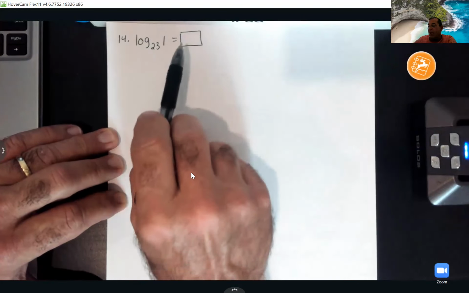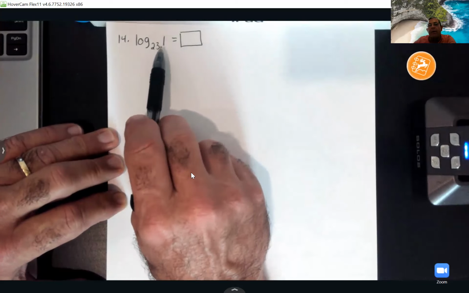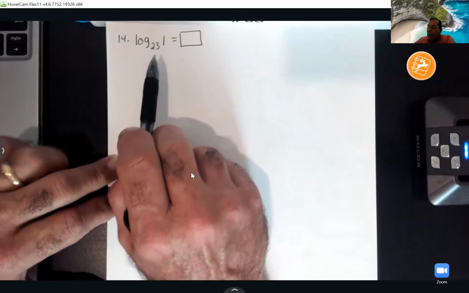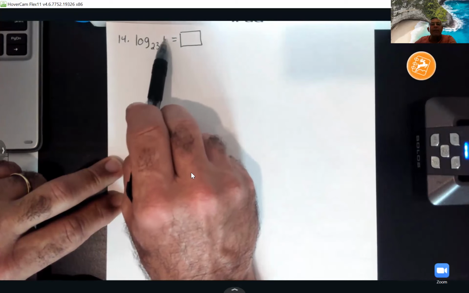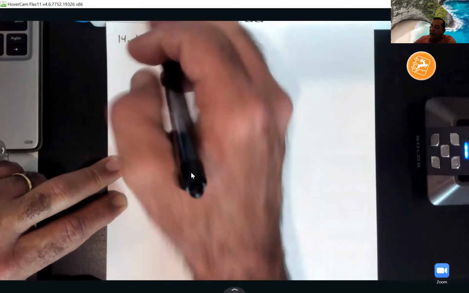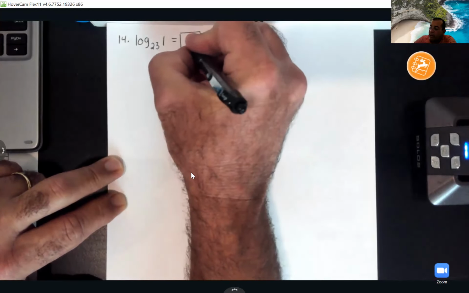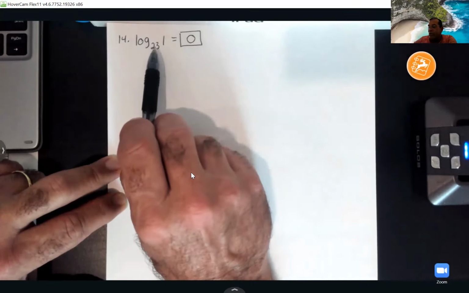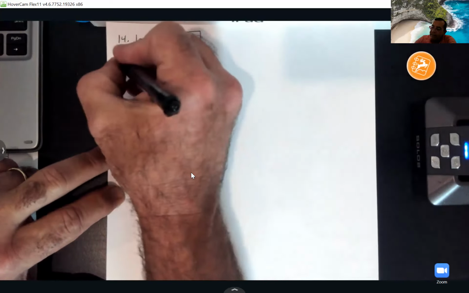So remember, I'm looking for the exponent that I would raise 23 to turn it into a 1. Well, y'all remember what we said? We don't care what the base is. If that result is a 1, then the only exponent that'll turn any number into a 1 is a 0. So remember, you can check these. 23 to the 0 power equals 1, okay?